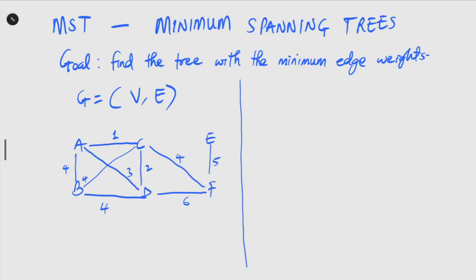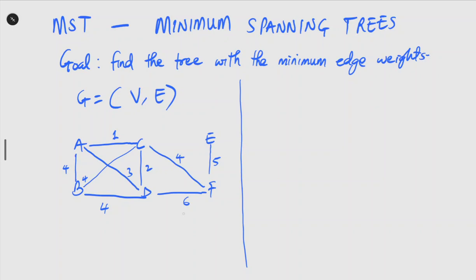So a tree is a graph that is connected and has no cycle. And a minimum spanning tree is a tree that contains all the vertices, but the sum of the weight of the edges of the MST is the minimum. We'll be calling them MSTs from now on, minimum spanning trees.